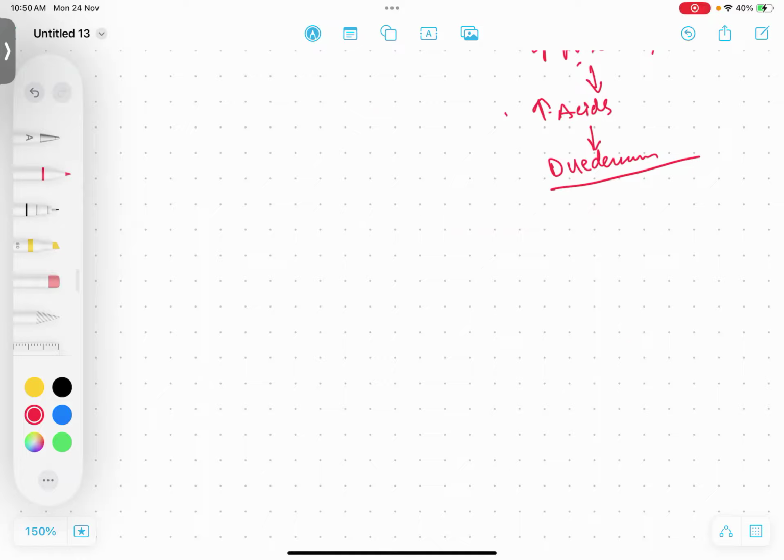So it causes these manifestations, causing gastric ulcers and duodenal ulcer, right? And an important manifestation is that it's also associated with B cell lymphoma, right? What is the mechanism of this B cell lymphoma?